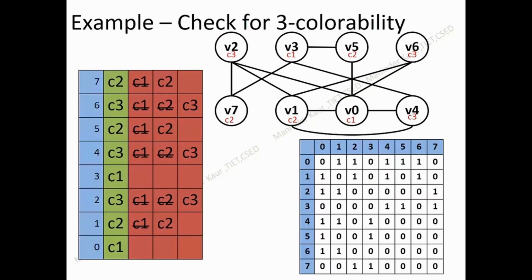That is, check if an adjacent vertex has the same color or not. If there is any color assignment that does not violate the conditions, mark the color assignment as part of the solution. If no assignment of color is possible, then backtrack and return false. That is the whole process of backtracking for checking the M colorability problem.